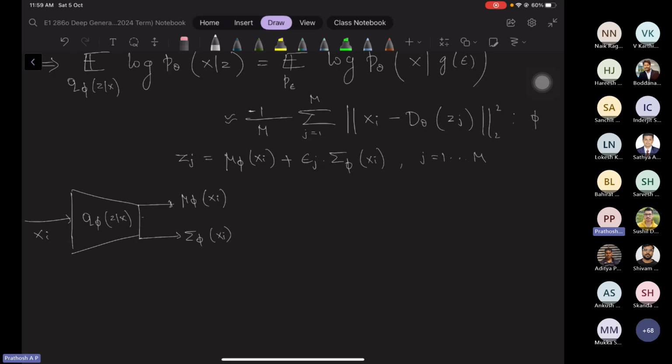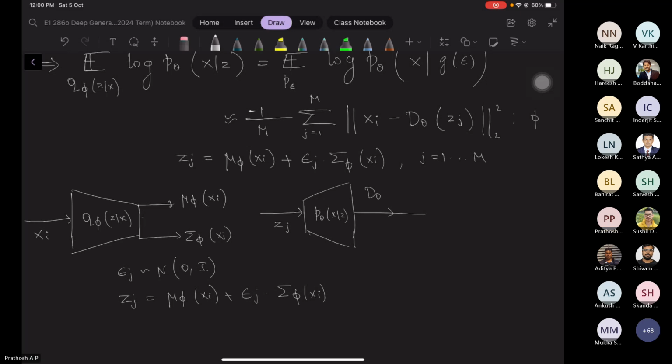Take these two, sample epsilon j from normal 0 1, and find out zj as mu phi of xi plus epsilon j times sigma phi of xi, and then take this zj and pass it through the decoder, modeling p theta of x given z, and this will give you x cap j, which is d theta of zj.